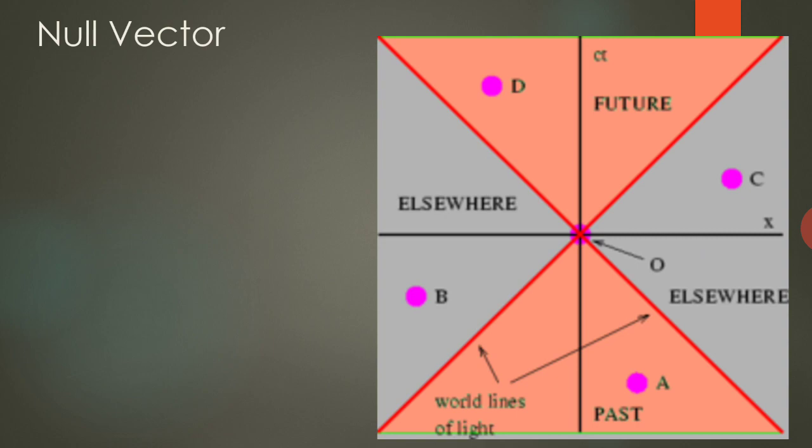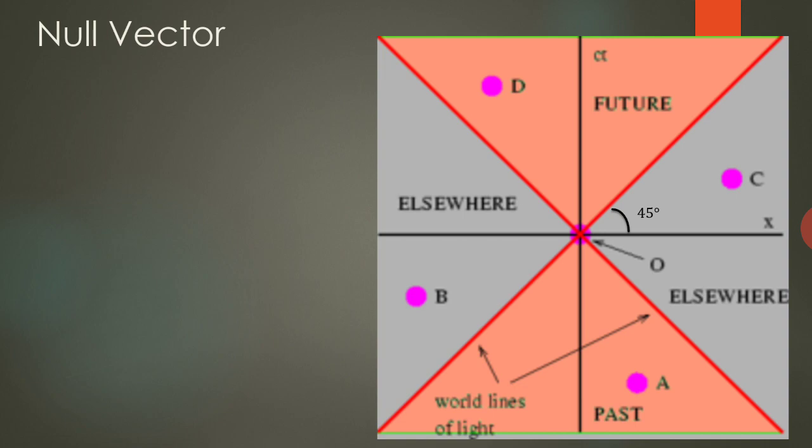Instead of time I am taking ct, so that the x and y coordinates have the same units of displacement or distance. Since light travels a distance ct in a time t, x is equal to ct, so this line makes an angle of 45 degrees with the x-axis, and that line is called the world line of light.